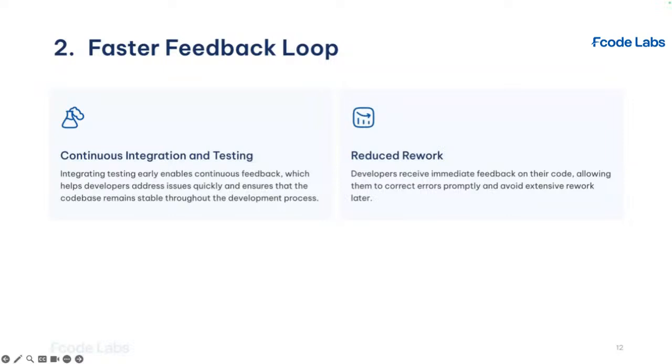If there's a defect, the feature doesn't move forward from there. The developer can fix the issue before even the testers and quality engineers catch the bug in the later development phase. So this is very important. We need to make the feedback loop as fast as possible to get the best out of this shift-left approach.